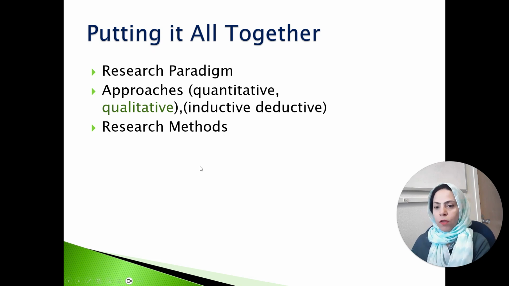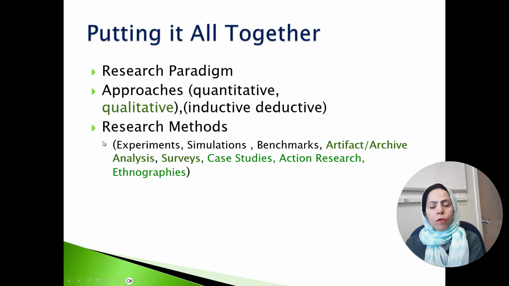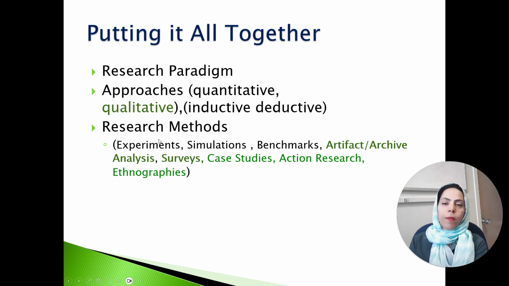Under research methods, the tools, the tip of the iceberg that we see, there are methods that already exist. By the way, this is not an exhaustive list of methods, but some of them we might be more familiar with as compared to others. So research methods: experiments exist, simulations, benchmark.